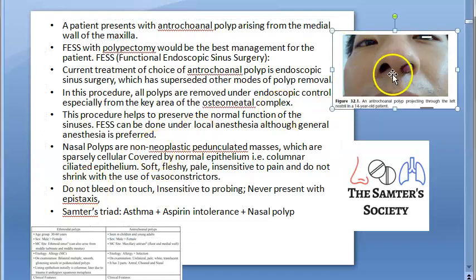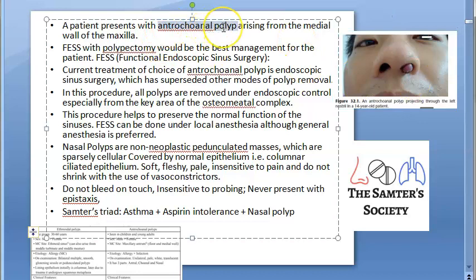So there are two types: antrochoanal polyps and bilateral ethmoidal polyps. The antrochoanal one that you are looking at is actually from the mucosa of the maxillary antrum, okay. So this arises from the mucosa of the maxillary antrum near its accessory ostium. It comes out of it and grows into the choana and the nasal cavity. So it will have 3 parts, the antral part, the choanal part and the nasal part, okay.